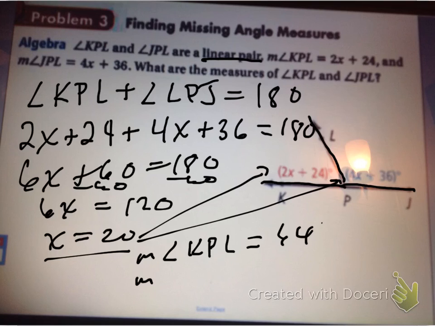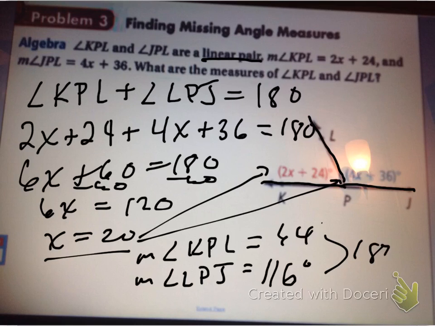And the measure of angle LPJ is 4 times 20, which is 80, plus 36. So it's going to give us a 116 degree angle there. We add those up, we see that they sum to 180 degrees.